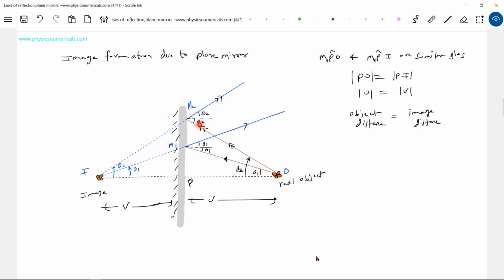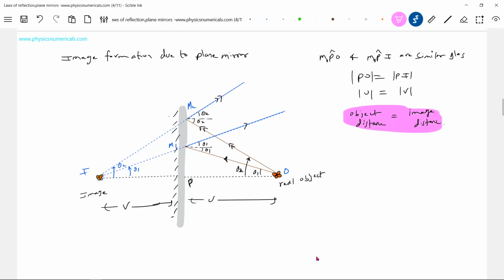The ray is produced back here. From these two triangles being similar and M1P being common, the PO must be equal to PI.